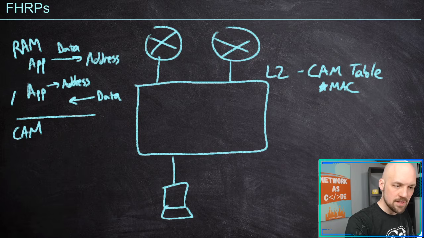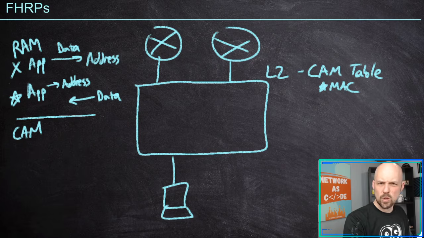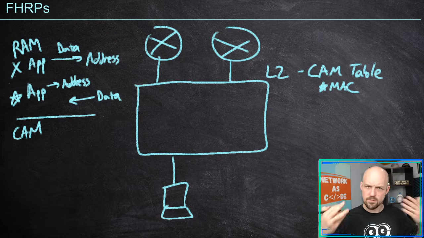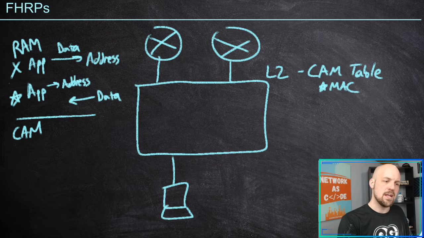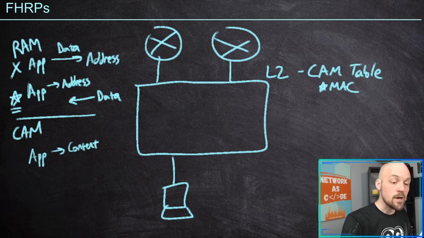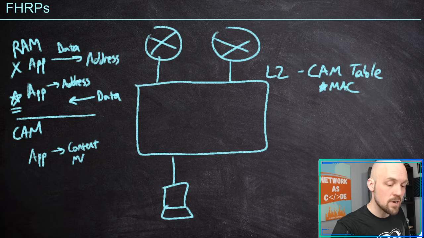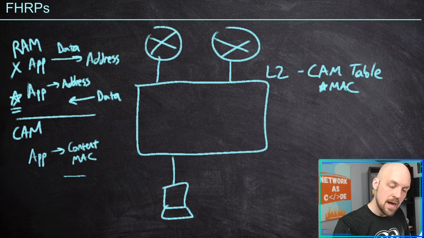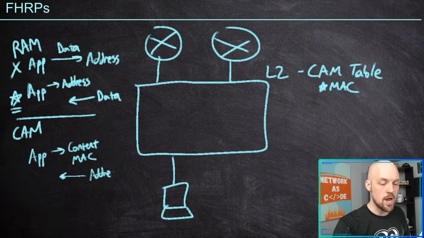We're kind of skipping this phase because the switch does the phase where it populates the table, okay? And so for this phase right here, rather than the app providing the address, the app actually provides what we call the content. In our case, the content is a MAC address. And the response is technically, we could call it the memory address.